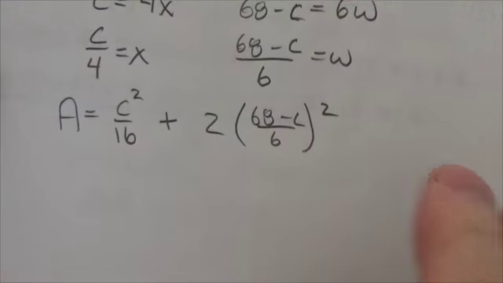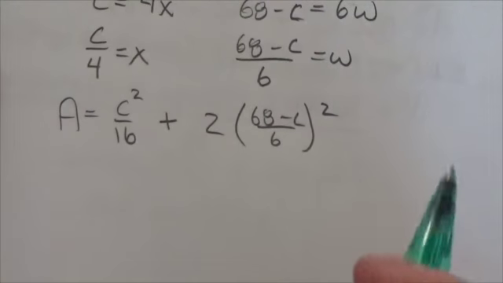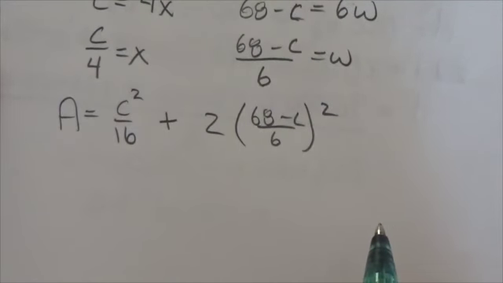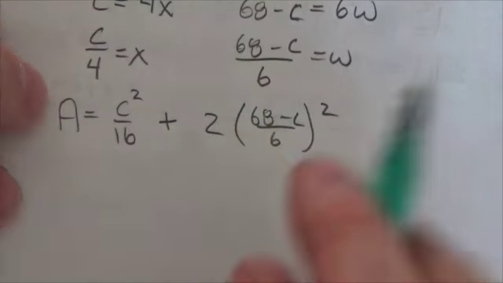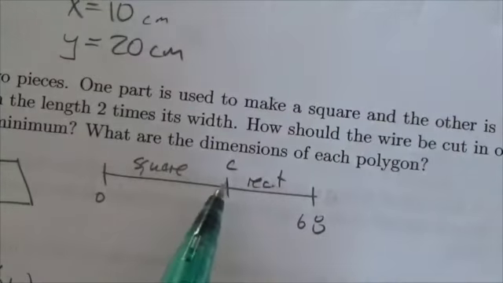I'd be tempted at this point to leave it like this, and I'll take the derivative using the chain rule in just a moment. So here's our expression for area in terms of just that variable C.